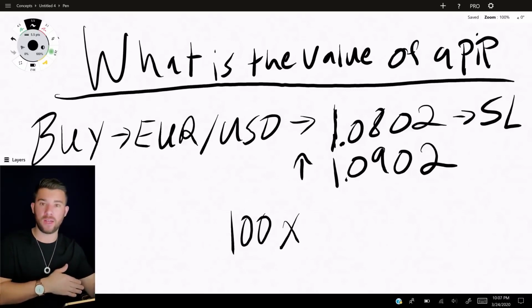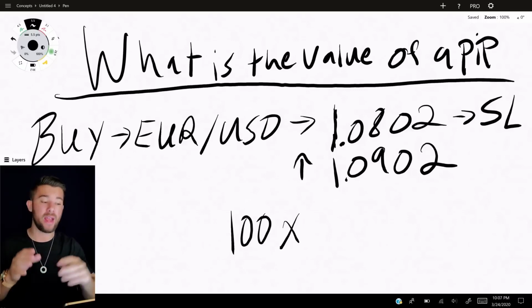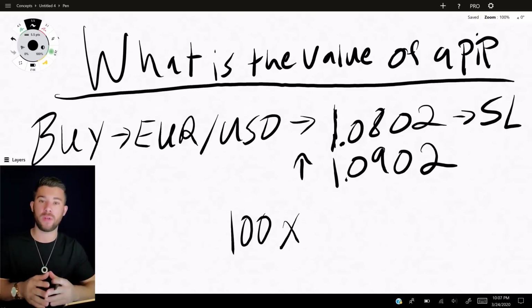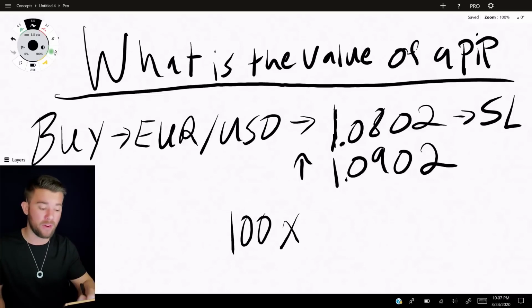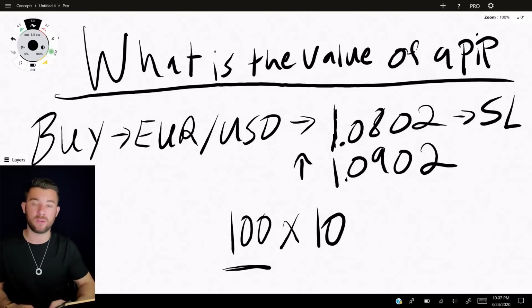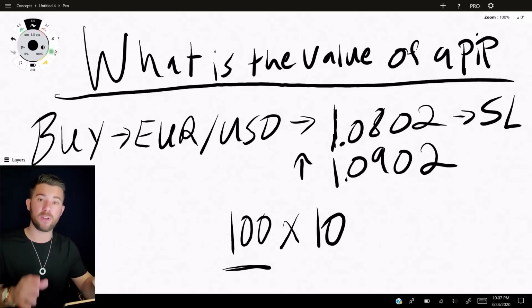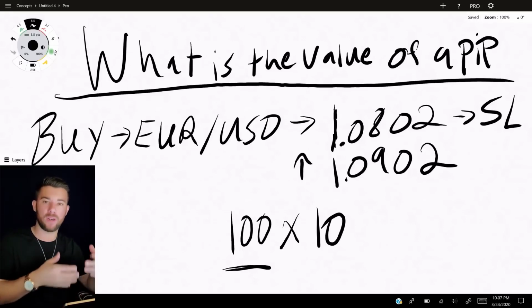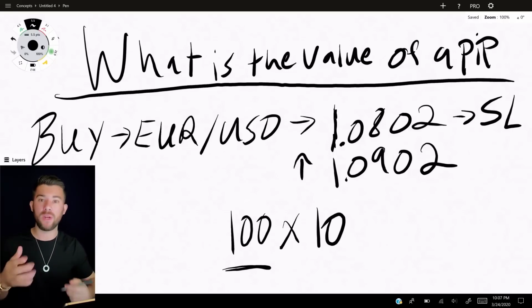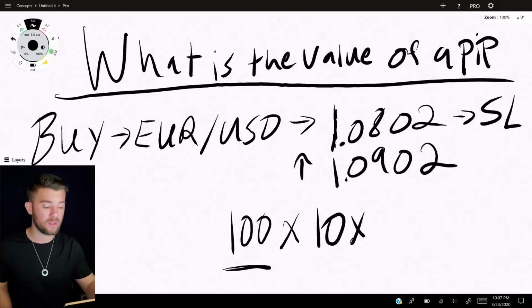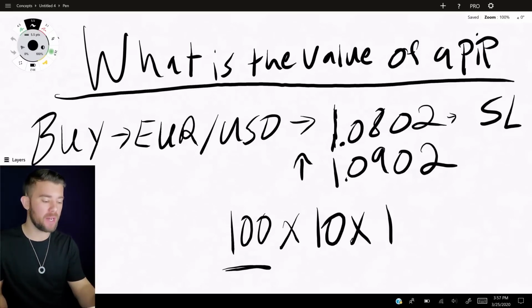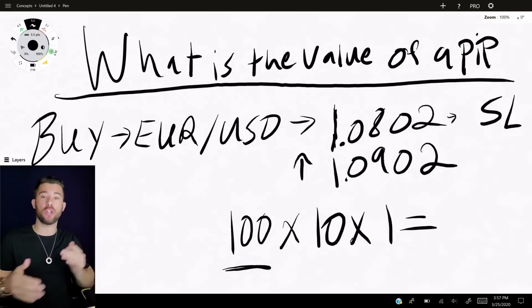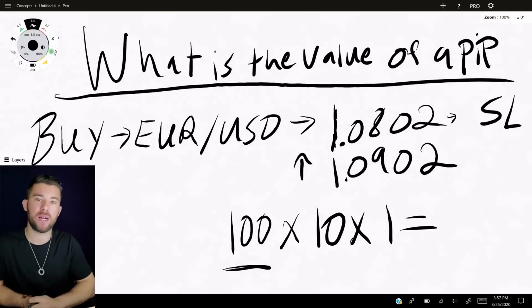If we use a standard lot of 100,000 units, and we know that a standard lot on the euro dollar is equal to $10 per pip, then we would have our amount of pips times $10 per pip, and we have to multiply by the amount of standard lots. In this case, we just traded one standard lot. So with this being the case, how much money did we make on this 100 pip move on the euro dollar?